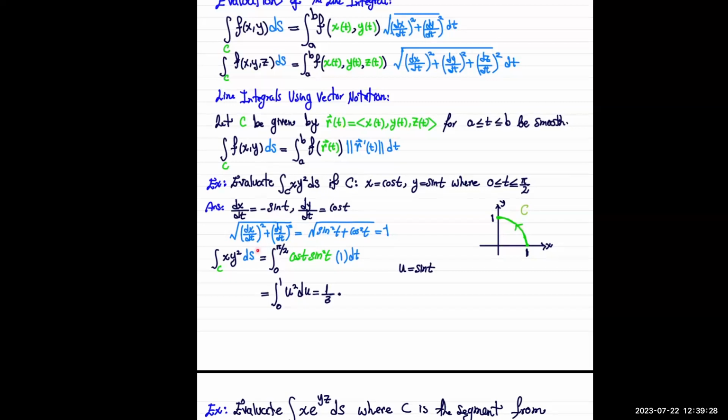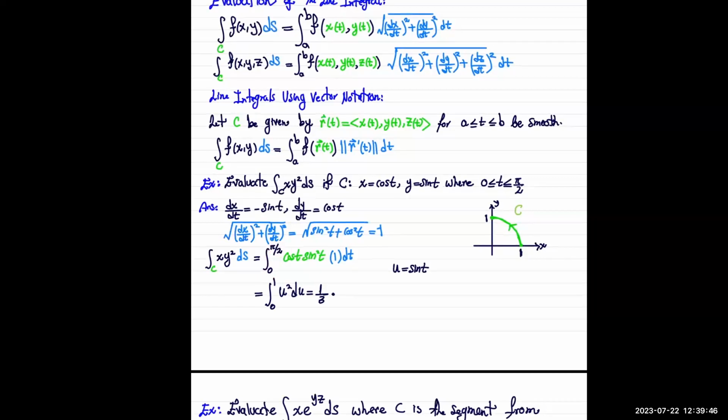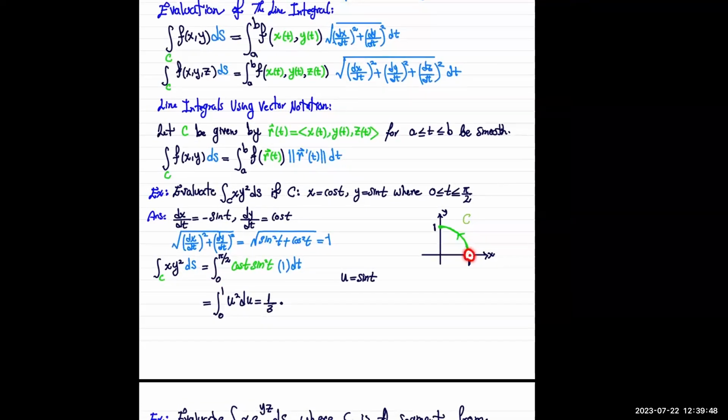So now you're going to rewrite the integral in terms of t. The line integral along this curve is going to be the integral from 0 to pi over 2, because again, this curve runs from the point corresponding to t of 0 to the point corresponding to t of pi over 2.